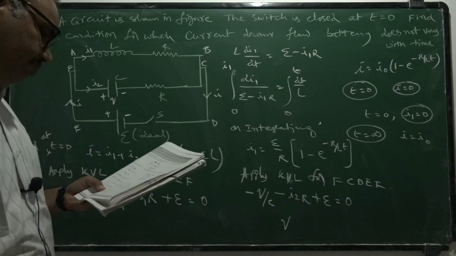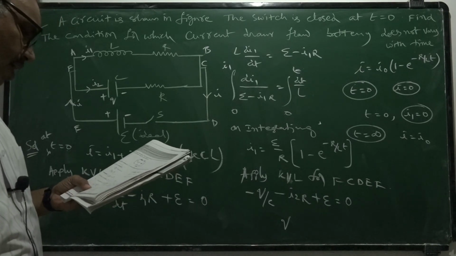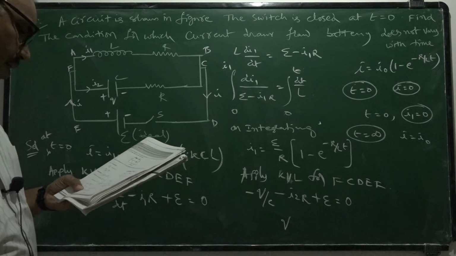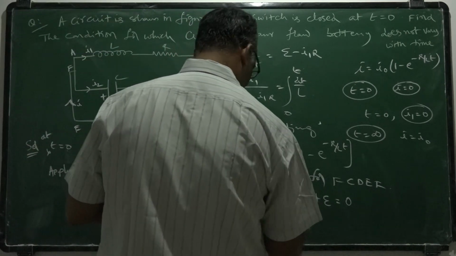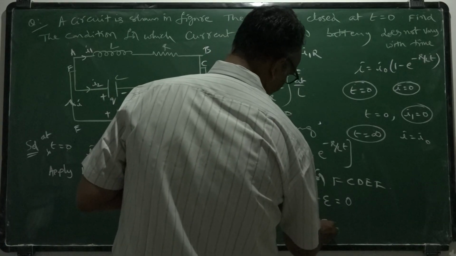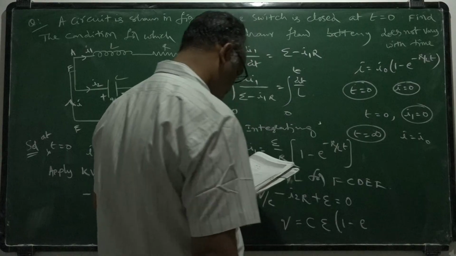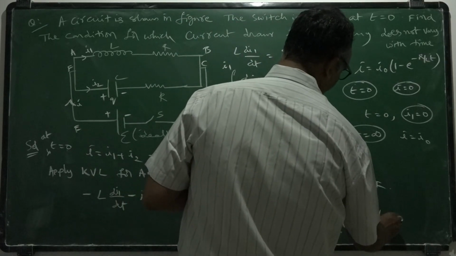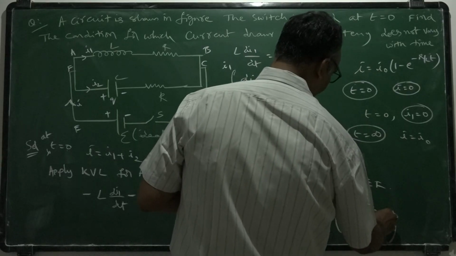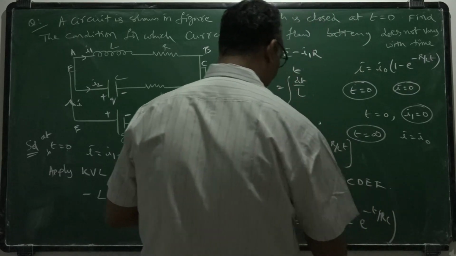You will get the Q value as CE into 1 minus e power minus t by RC. This simplification we already did for the RC circuit, so from RC circuits we can write like this.